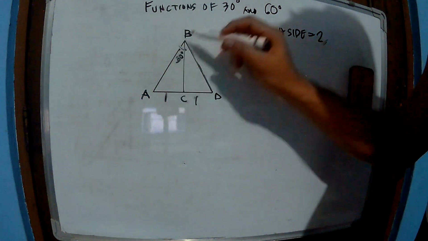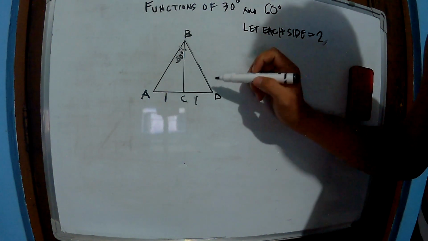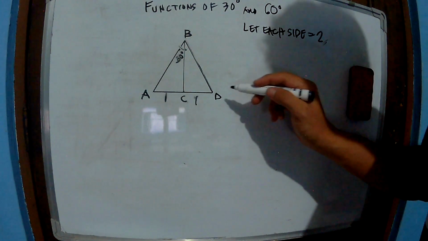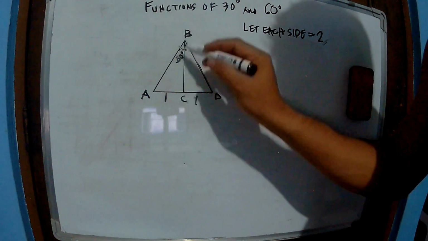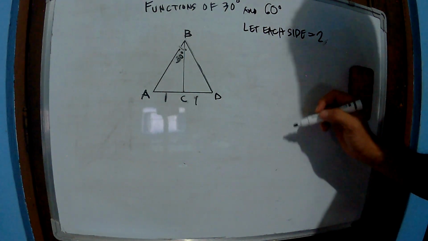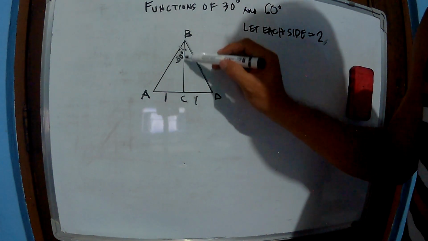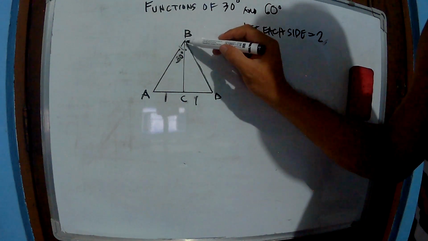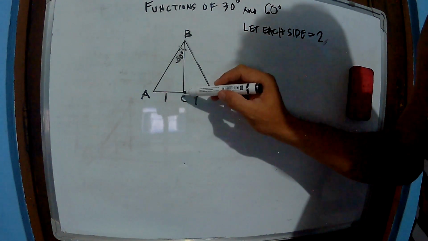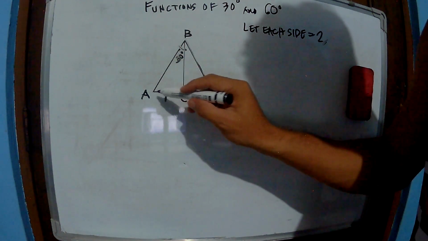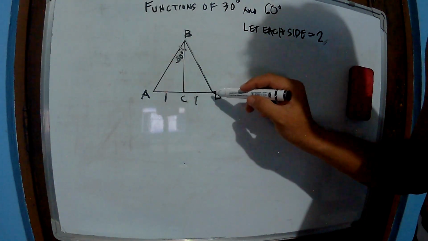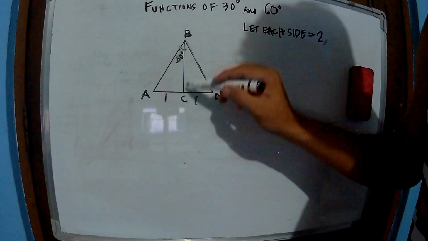This is an equilateral triangle, meaning in an equilateral triangle, all angles of the triangle are 60 degrees. Hence, we draw a perpendicular line BC.